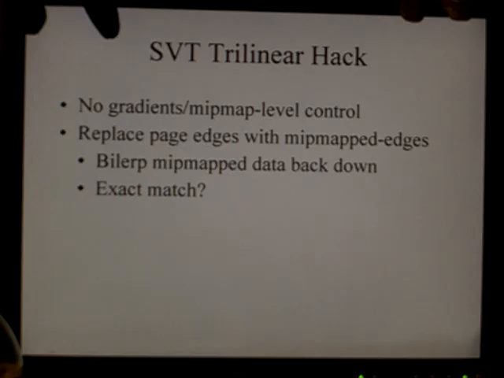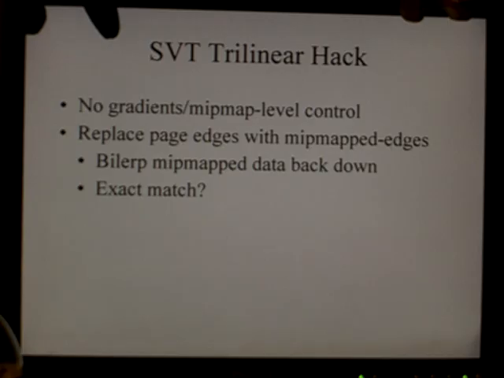If it does let you specify the MIP level directly, but you can't get gradients, there's probably a hack you can do sampling a texture with MIP mapping. So you could probably compute the MIP level without gradients, a decent approximation to it. But assuming you don't have any way to control the texture sample, here's the hack that I do.